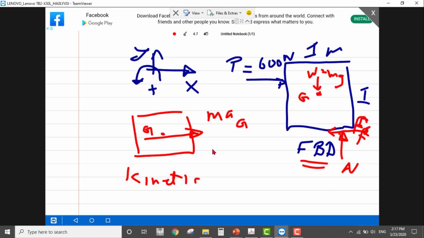Okay, but here we have a question. First question, how do you make sure that this crate or this box only translates? Let me go back to the slide.